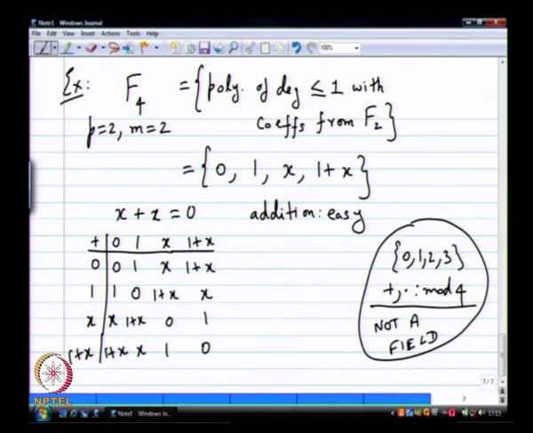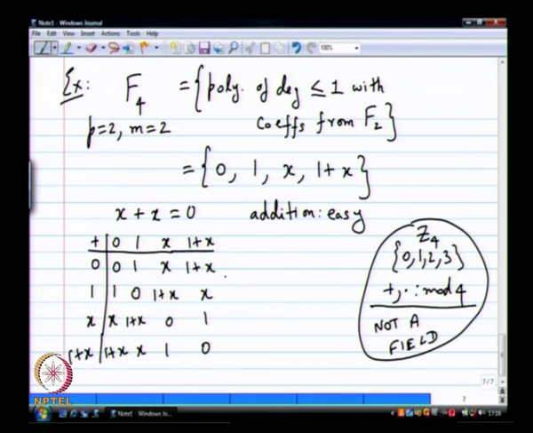Nothing that you multiply by 2 will give you 1. Yes or no? Yes. So that is the problem. This guy is usually called Z4. That's the notation for this. It turns out it's a ring, but it's not a field. It doesn't have inverses.